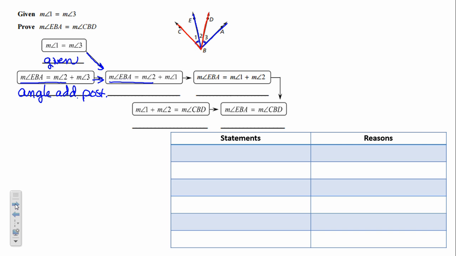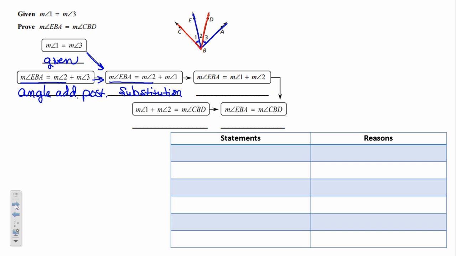Good. So what's one word reason for that? What are we doing? Substitution. We're simply substituting 1 wherever we saw 3. Okay.